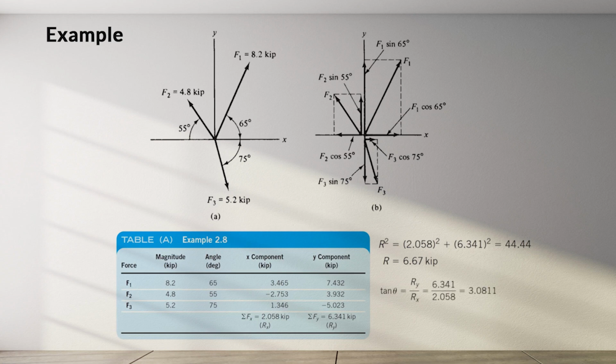The tangent of theta equals Ry divided by Rx equals 6.341 divided by 2.058 equals 3.0811, which yields an angle of 72 degrees. From figure C, we can write that the resultant equals 6.67 kip at an angle of 72 degrees.